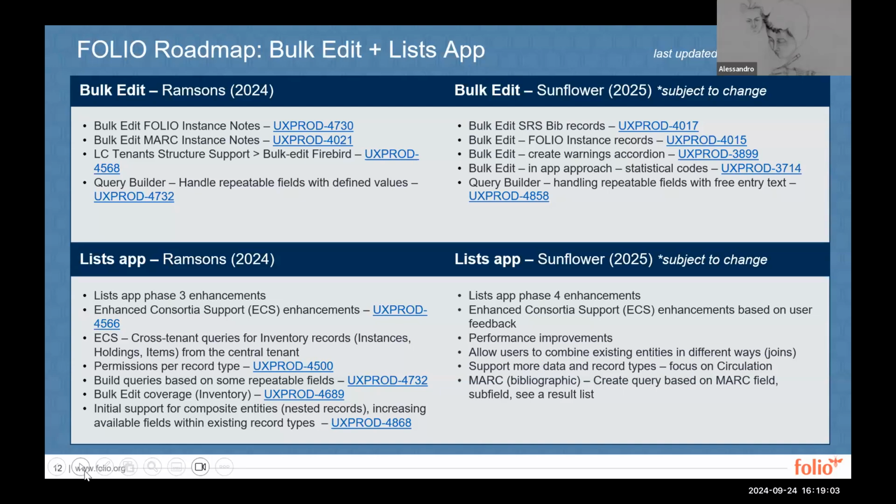What Lynne was reporting was done on Orchid, which is several releases back from where we are now. In Poppy, we did the total re-architecting of the bulk edit application to speed it up. It should be faster, but with every release, we spend a significant part of the development time on performance.